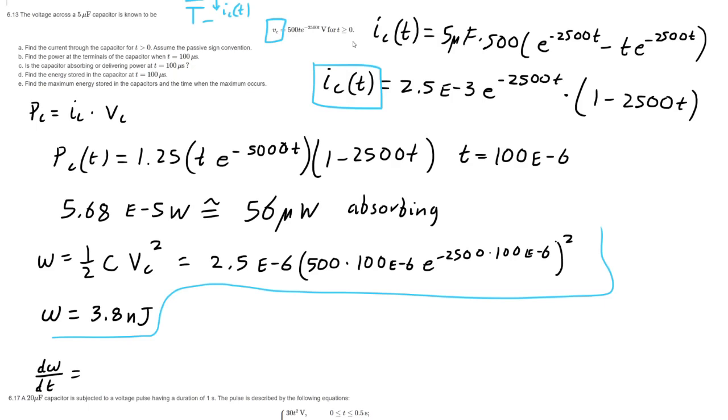We end up with an expression where 2.2 times t e to the minus 5000 t squared times e to the minus 5000 t, all equals 0.